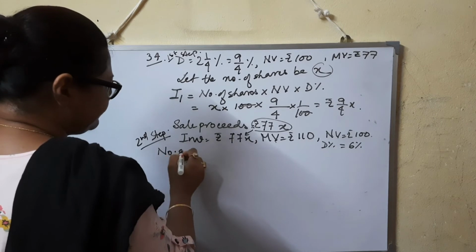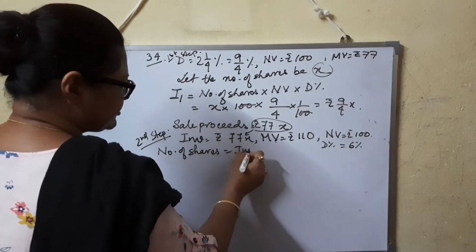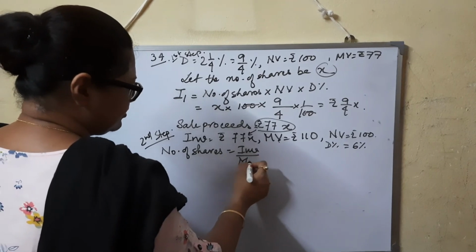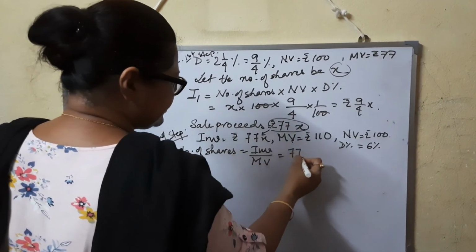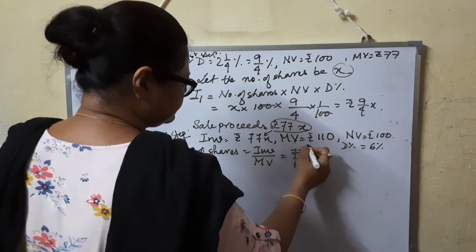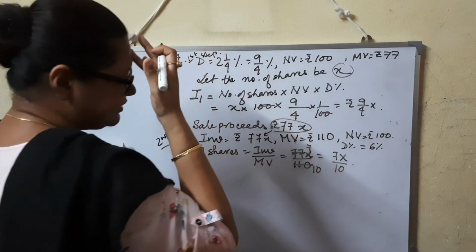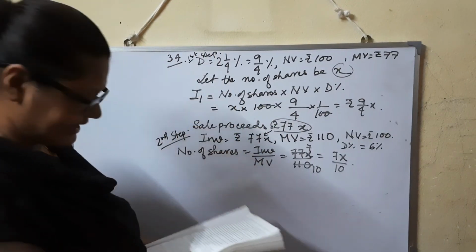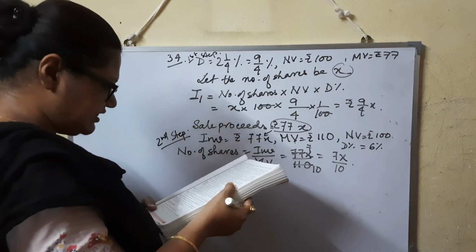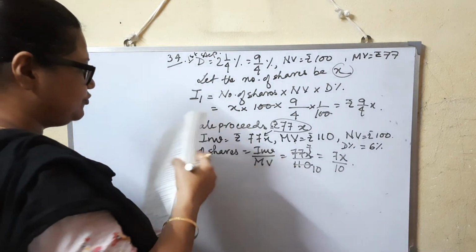So, what will be the number of shares? Investment by market value, that means 77x by 110. So 7x by 10. This many shares have been bought in the second case. Now what do we see? They said a person increases his income by 117 rupees.